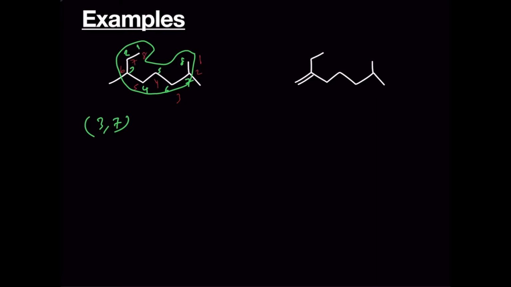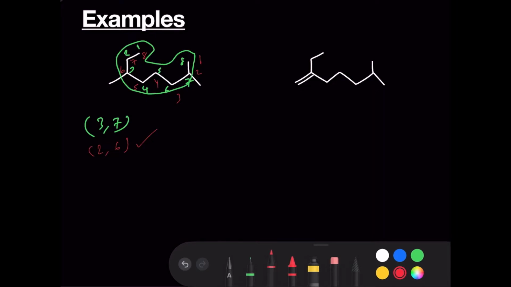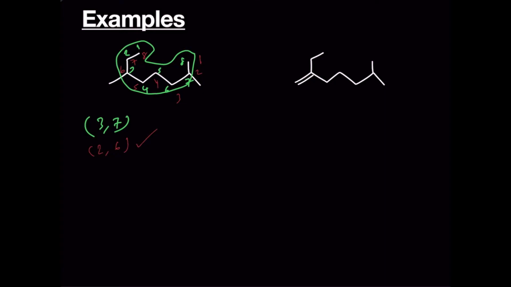Now the substituents are at 2 and 6 position, and therefore this is preferred because we always have to give lowest locants for the substituents. So therefore the IUPAC name for the alkane in this case is 2,6-dimethyloctane.